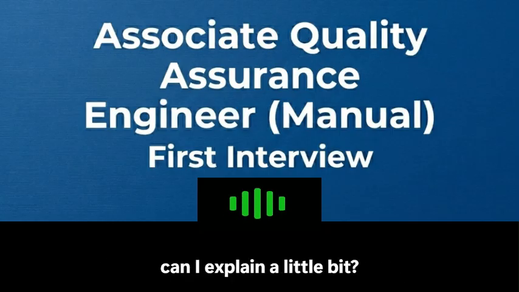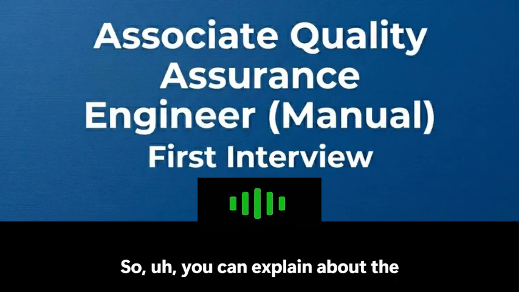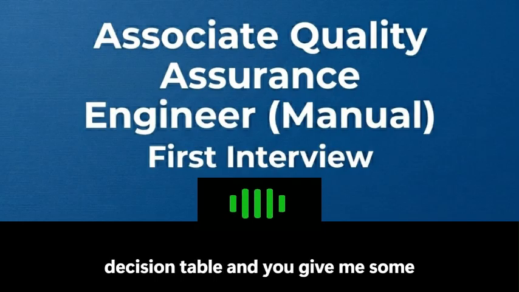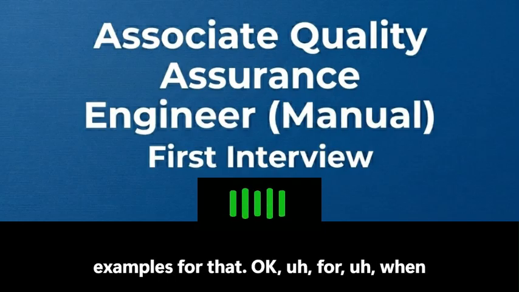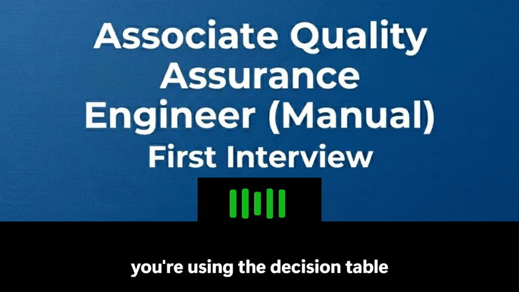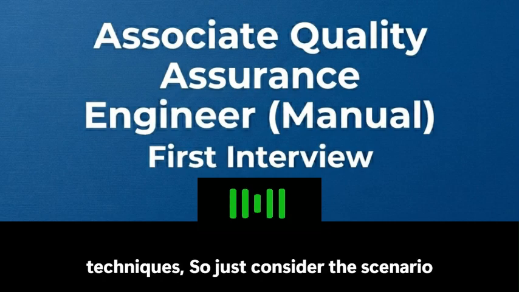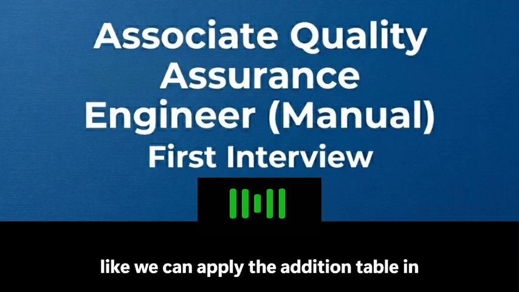So, can I explain a little bit? You can explain about the decision table and give me some examples. Okay. When we use the decision table technique, consider a scenario like a login page.